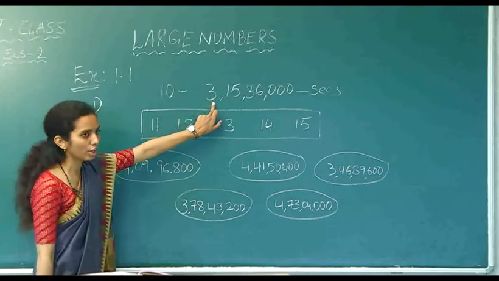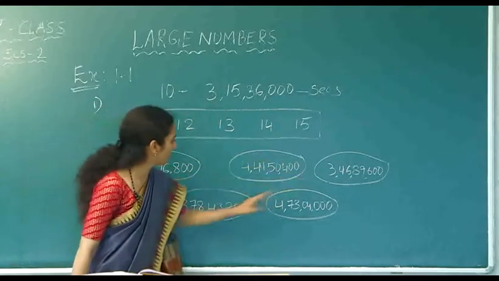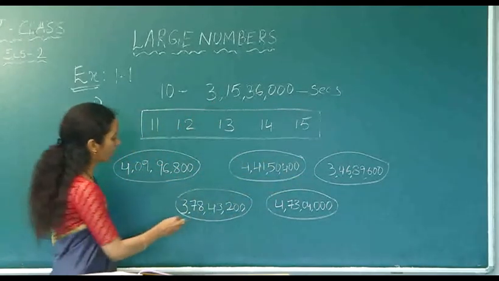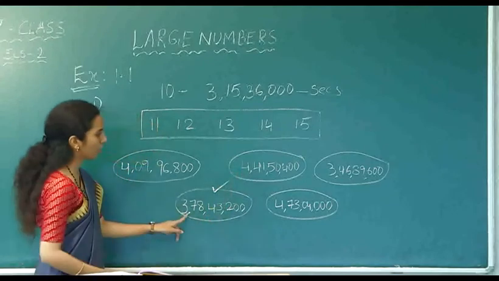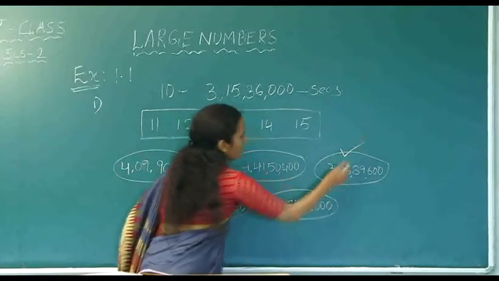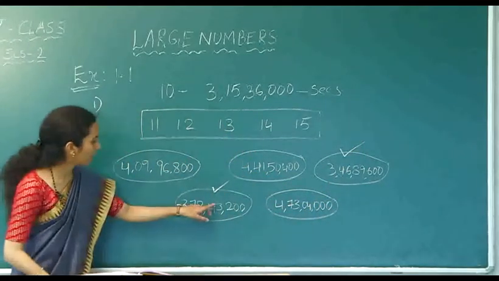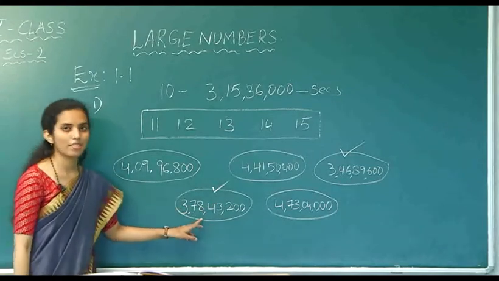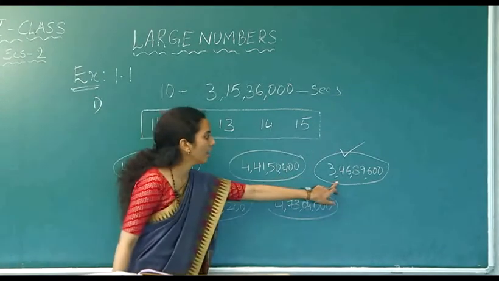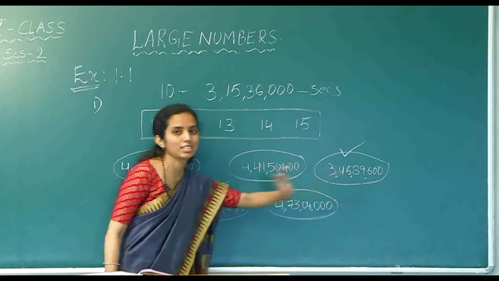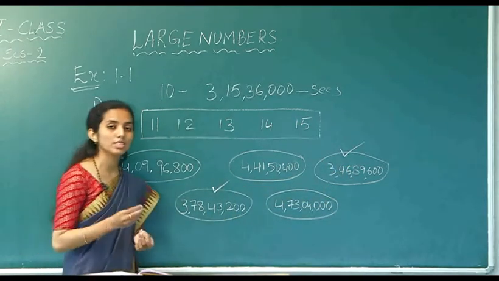So what number is there? So this is in 3 crores. First of all, let us find the 3 crores numbers. What are the 3 crores numbers? This is in 3 crores and this is also in 3 crores. But here 3 crores 78 lakhs. But here 3 crores 46 lakhs. So what does that mean?